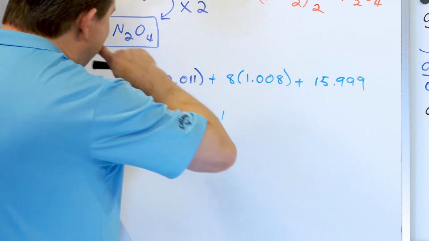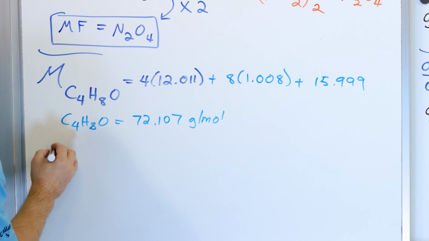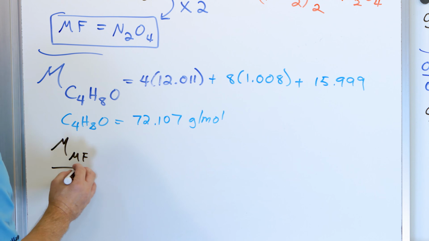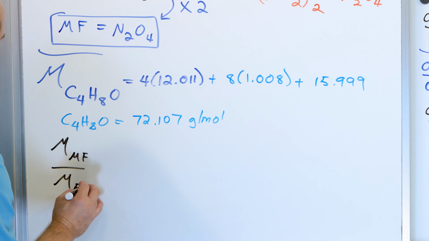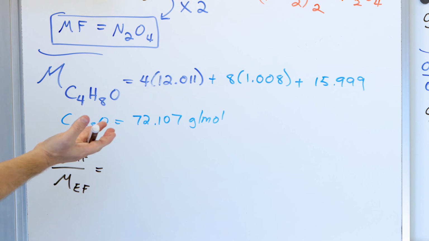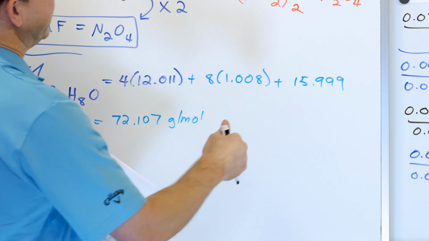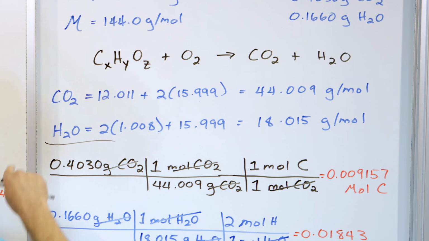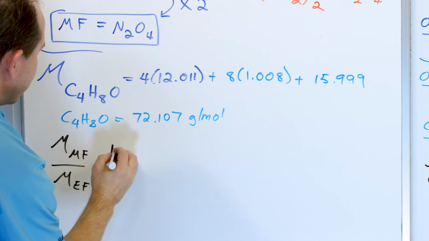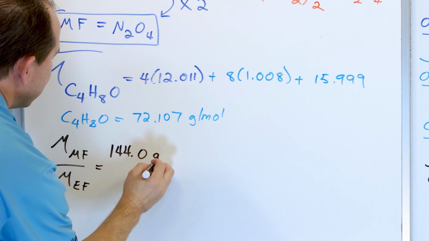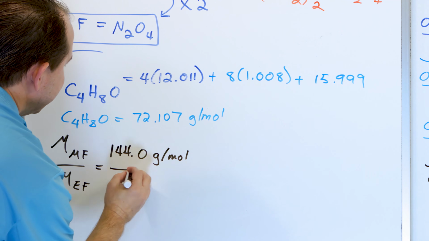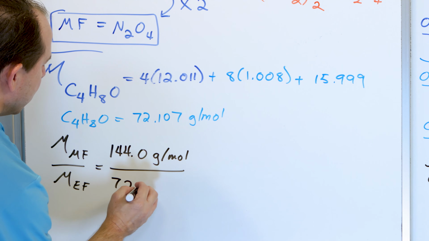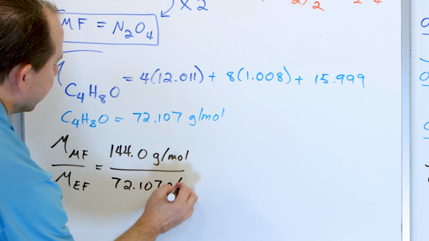So to figure out how to get the molecular formula, we need to take the ratio of the molar mass of the molecular formula and divide by the molar mass of the empirical formula, because they might be the same, but in this case we can see that they're different. So the molecular formula, if you go back to the original problem, had a mass of 144.0 grams per mole, and the empirical formula we just figured out has a molar mass of 72.107 grams per mole.